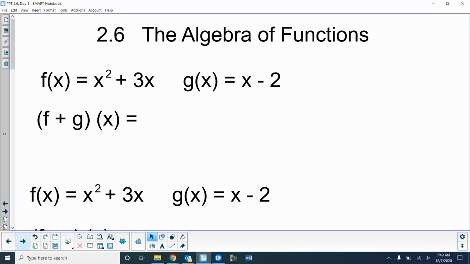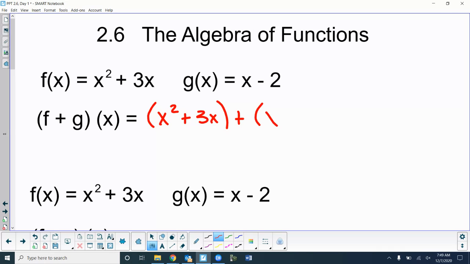So all we're doing is what it says. We're just going to go x squared plus 3x plus x minus 2. Just combine the like terms. So there's no other x squared. 3x plus 1x would be 4x. And then the minus 2. Simple, right?